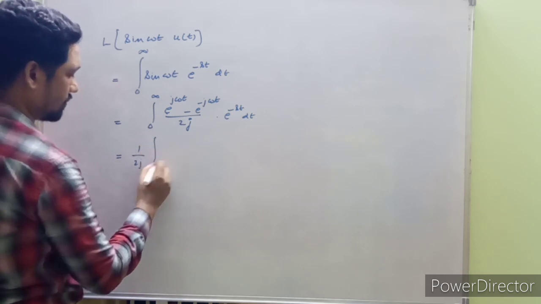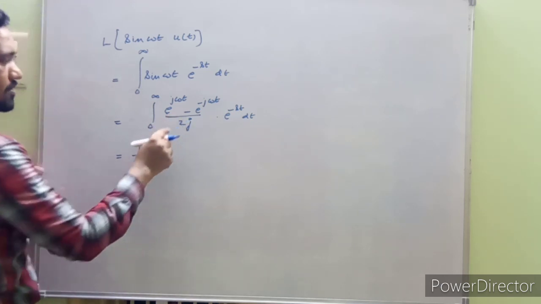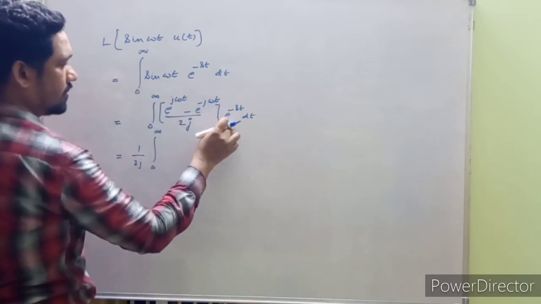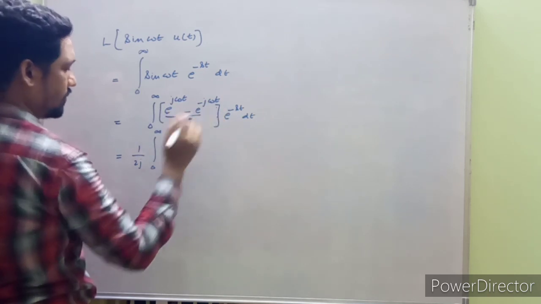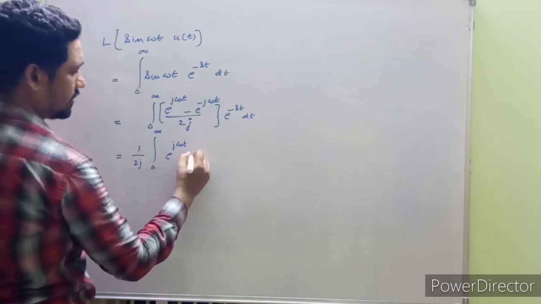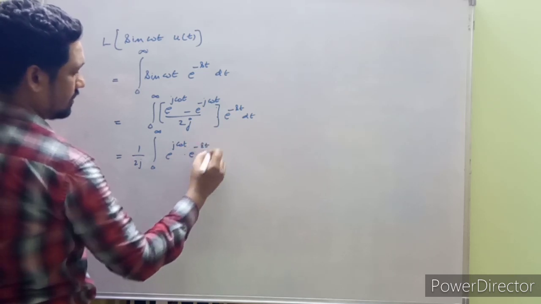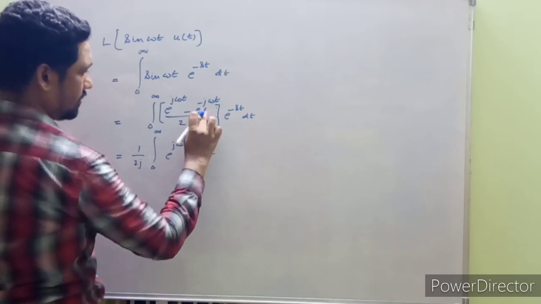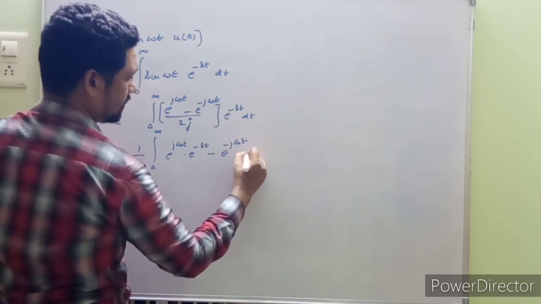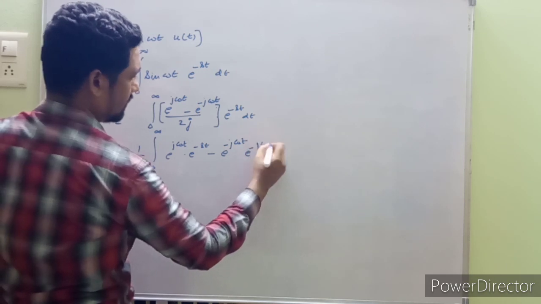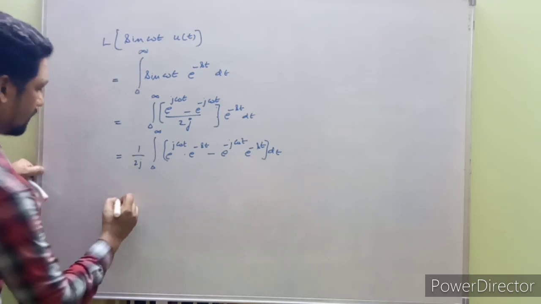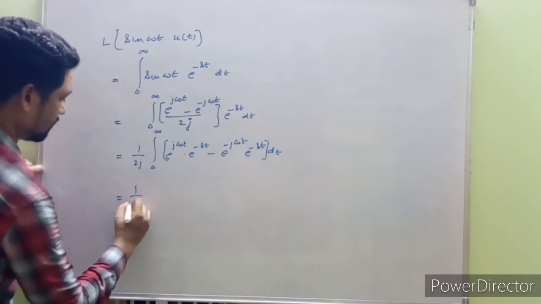We have integral 0 to infinity. Another simplification is this whole term is multiplied with this one, so e raised to j omega t into e raised to minus st, and minus e raised to minus j omega t into e raised to minus st, integrated with respect to t, so dt. So this is 1 upon 2j.